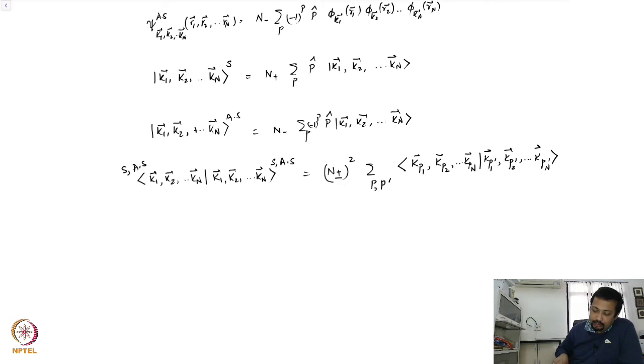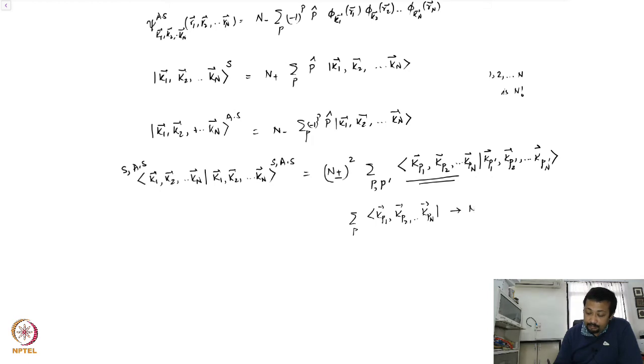Note that the total possible permutations of the numbers 1 to n is n factorial. Because this is an inner product, one can replace this sum by n factorial times the single term.